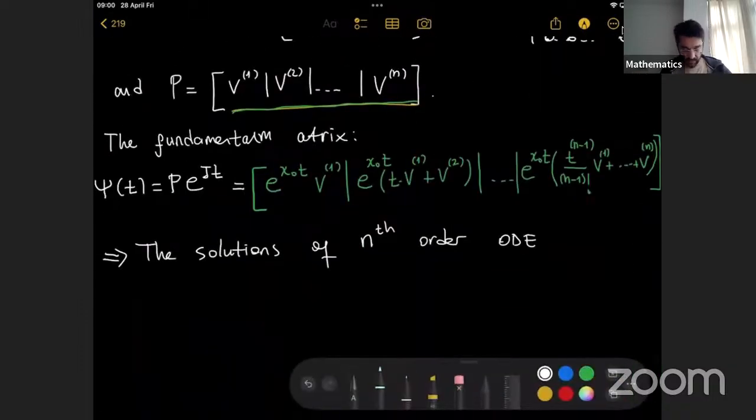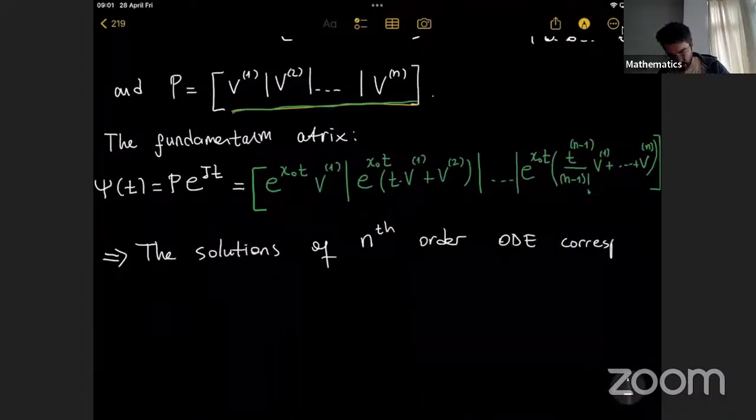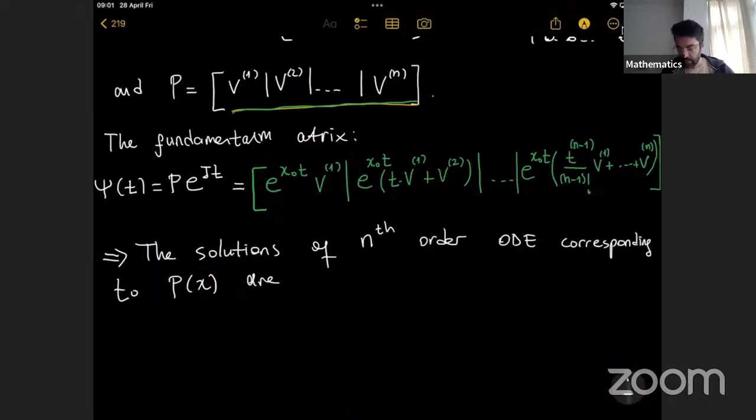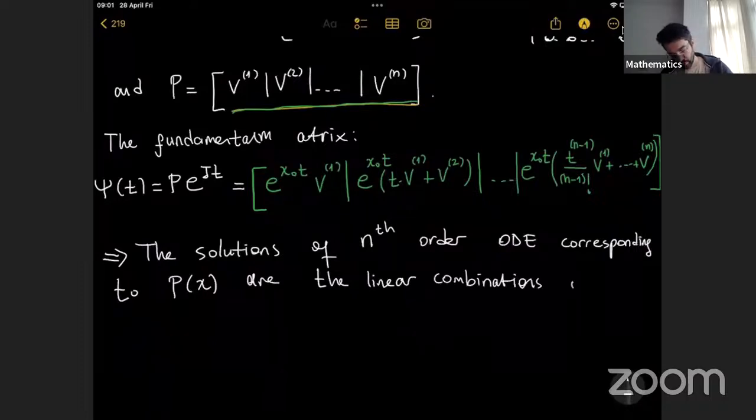There is an ODE corresponding to this characteristic equation p of lambda, and there are many solutions; they are the linear combinations of the first entries of each column.